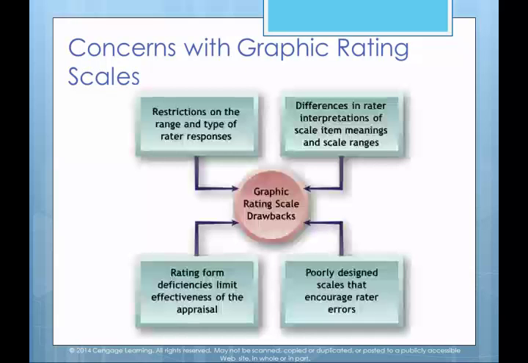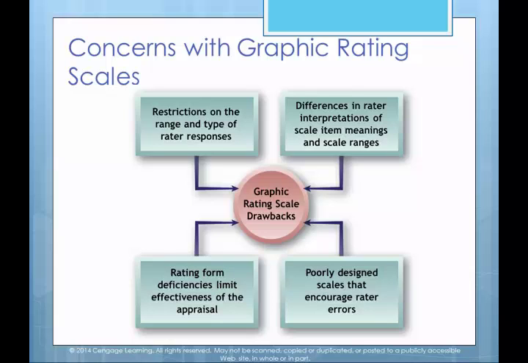Here are concerns with the graphic rating, and that is basically your 1, 2, 3, 4, 5, outstanding, meets standards, those kinds of things. There are restrictions on the range and the type of rater responses, and differences in rater interpretations of the scale. I mean, we're all different raters, right?